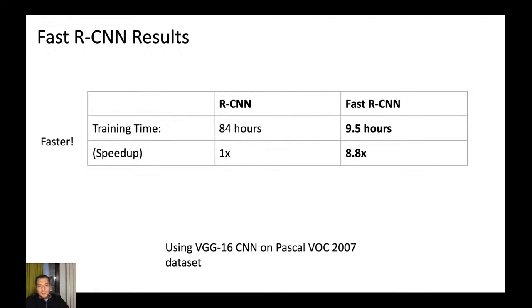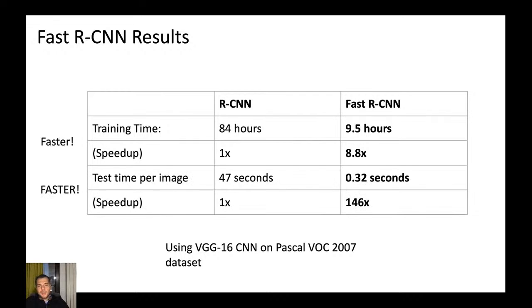Okay, so now they have some interesting comparisons in their paper on Pascal VOC. The training time is about 9 times faster for Fast RCNN compared to RCNN.